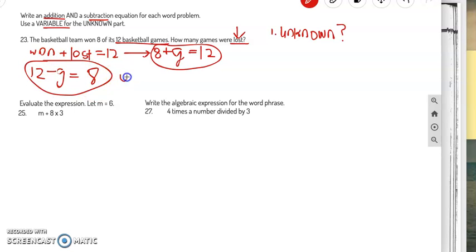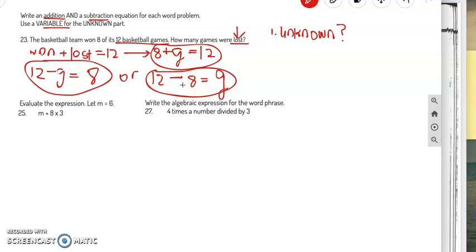Or you can also do total number of games 12 minus the number of games won, 8, to find the number of games lost. That's also an option. So either one of these is correct. If you just wrote one, that's okay. Just make sure you have one addition and one subtraction.